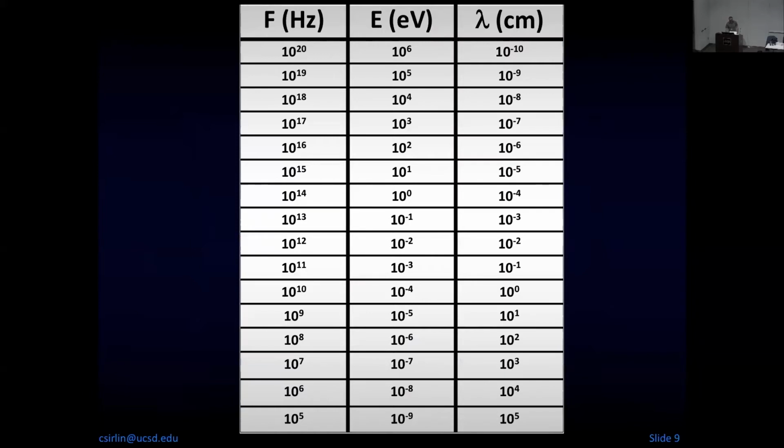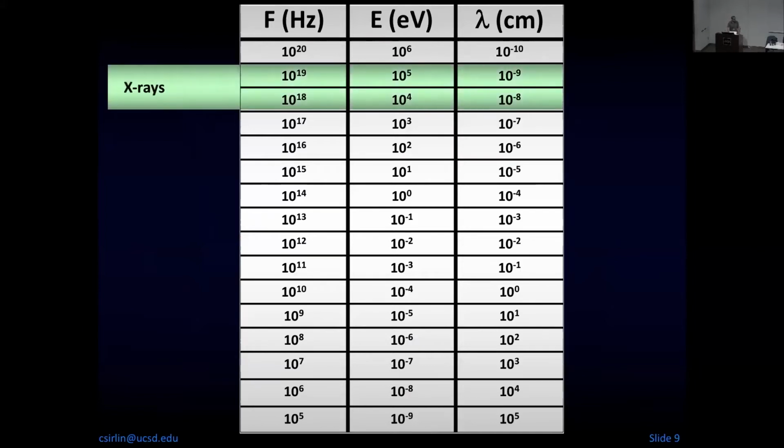And at the other extreme, we have long wavelengths, 10 to the 5 centimeters. Notice that the energy is proportional to the frequency. So the highest energy is way up here where the frequency is high. As the frequency goes down, the energy goes down.